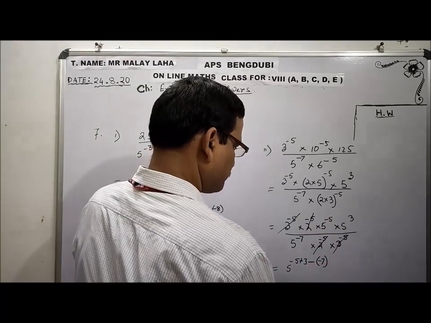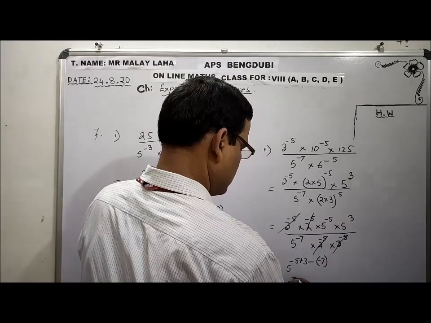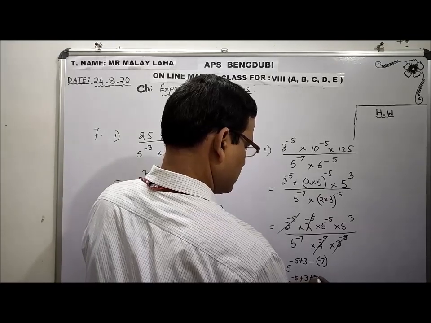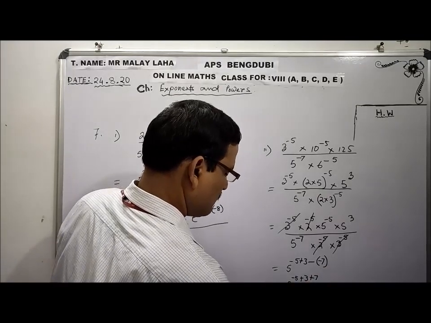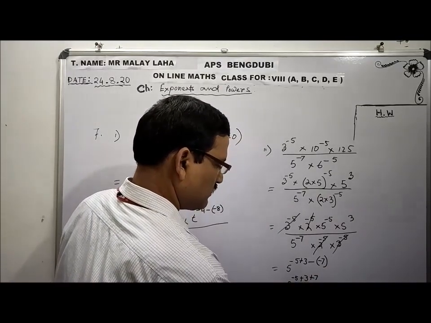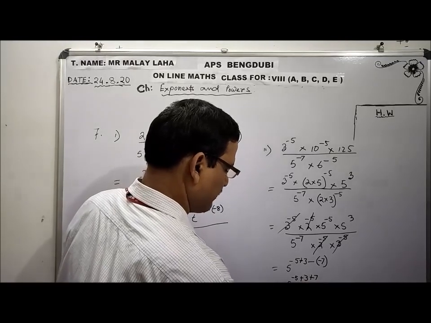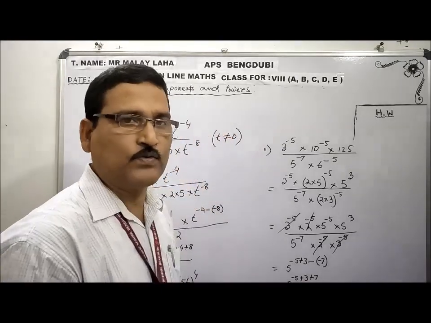Simplify this one. 5 raised to minus 5 plus 3 plus 7, minus minus plus. So 5 raised to what is the result? 3 plus 7, 10. 10 minus 5 is the 5. 5 raised to 5. So you can leave up to this much.